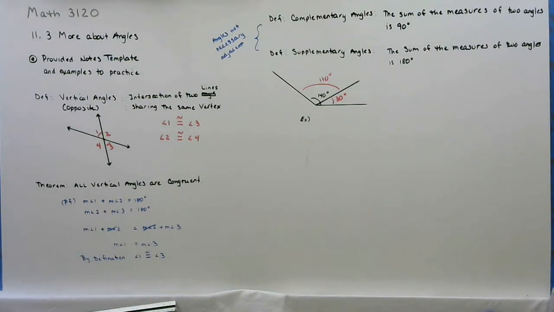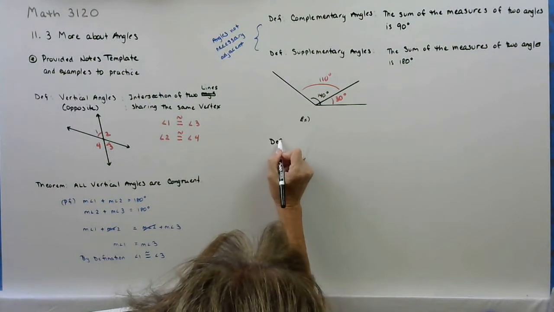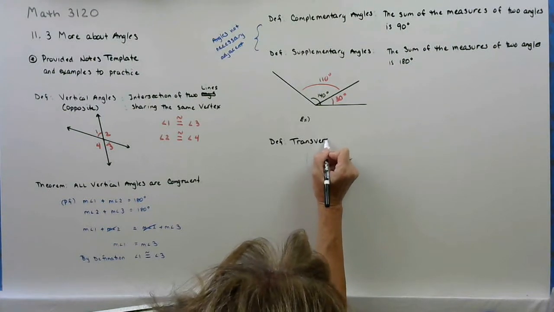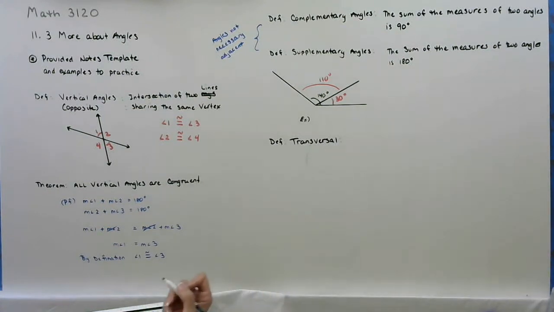All right, so we talked a little bit about complementary and supplementary last section. So they haven't changed since then. We do want to look at what's called a transversal, though. So I gave you some practice problems on that template. But I want to look at what's called the transversal. And a transversal is a line or a line segment which intersects other lines.